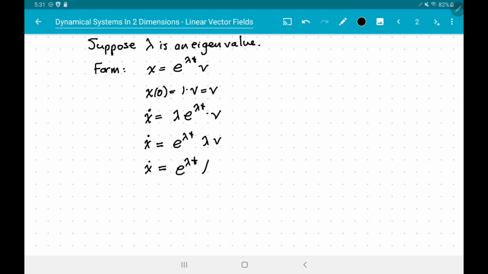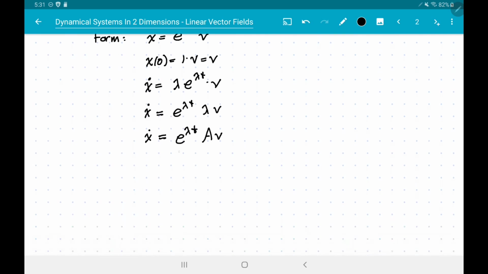Lambda v is Av, because A is a matrix and v is an eigenvector of the matrix and lambda is the eigenvalue associated with v. So now if I move my scalar around a little bit, I can rewrite this equation and get x dot equals Ax.